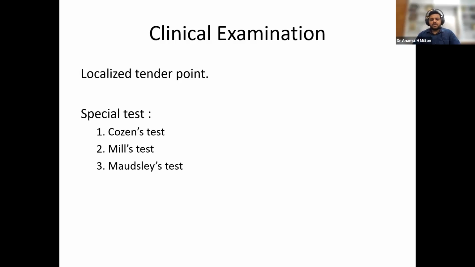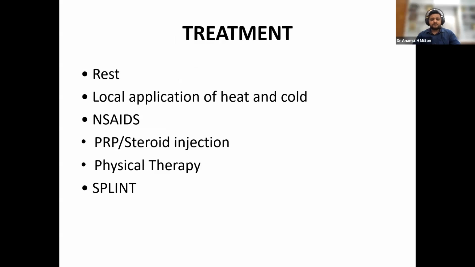So you have to correlate the clinical examination with the ultrasound, and if needed, do more tests. Another thing, with stress you can see the ligament, and if there is any problem in the ligament you can identify it and compare with the tendon. The special tests are Cozen's test, Mills test, and Maudsley's test. You can find these on the net or in many videos, so I'm not sharing these much.